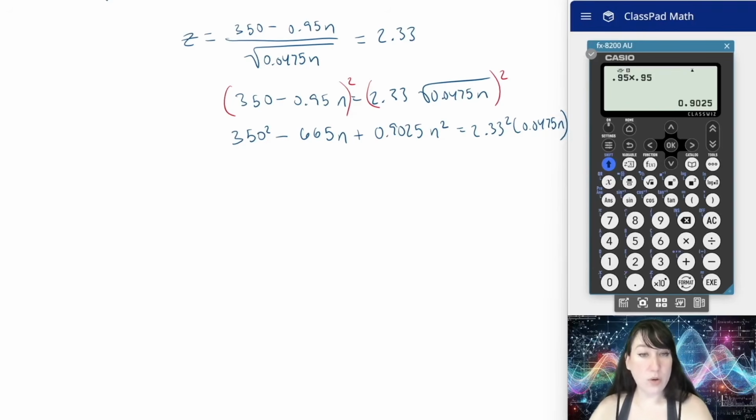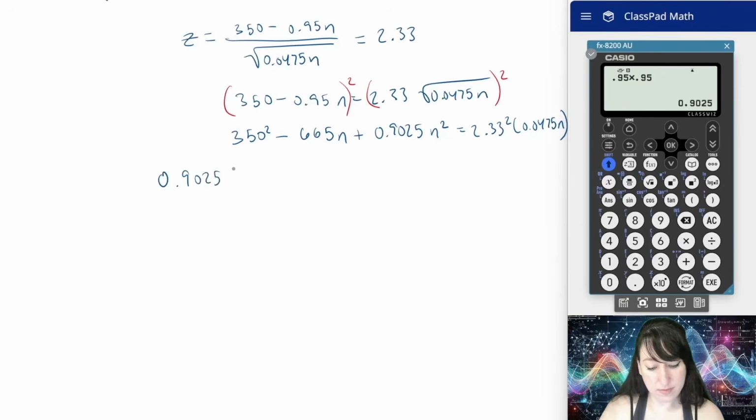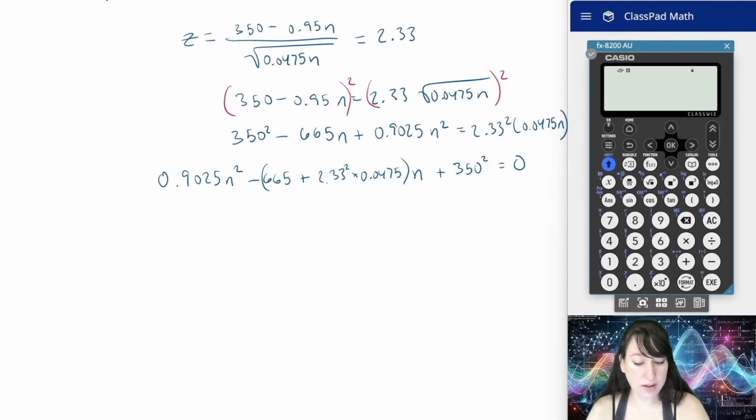Okay, we have a quadratic equation in terms of n, so let's get everything on one side. And we'll find the solution using the quadratic formula.